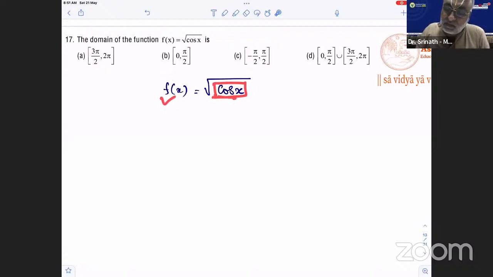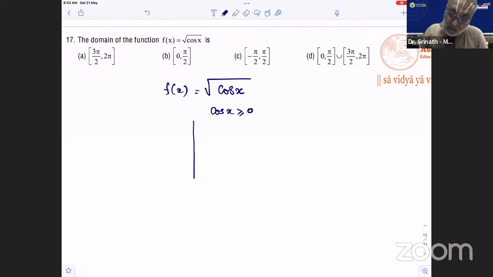That means it should be greater than or equal to 0. So cos x should be greater than or equal to 0, which means it is in the first quadrant and the fourth quadrant.